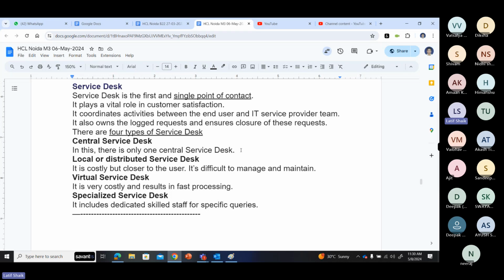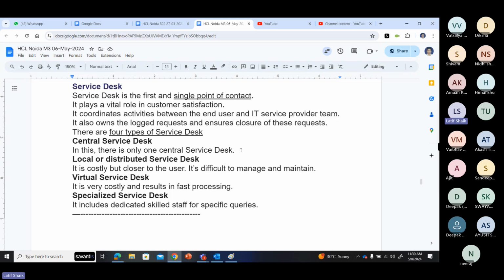In New York I have more customers, so I'll keep it in New York. And in Melbourne I have customers, so I will put another service desk team in the Melbourne region. That is costly but more efficient.